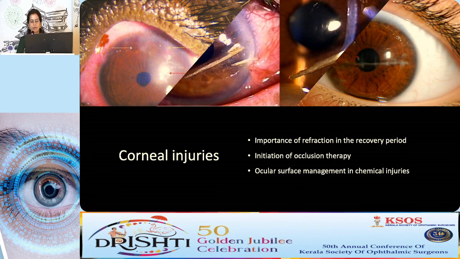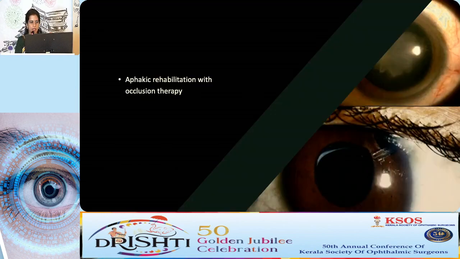Ocular surface management in chemical injuries is also important because that also might result in a very poor outcome even though the initial phase is very well managed. Aphakic rehabilitation with occlusion therapy: like already mentioned, we might go in for a primary intraocular lens or a secondary intraocular lens according to the prevailing situations.